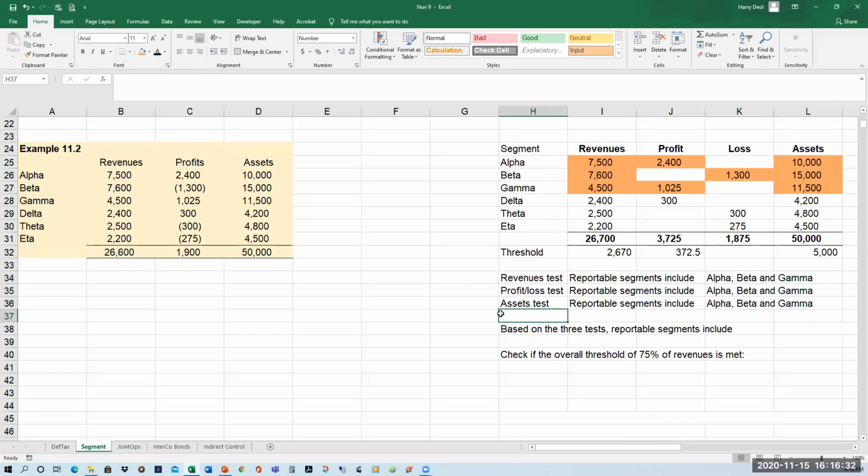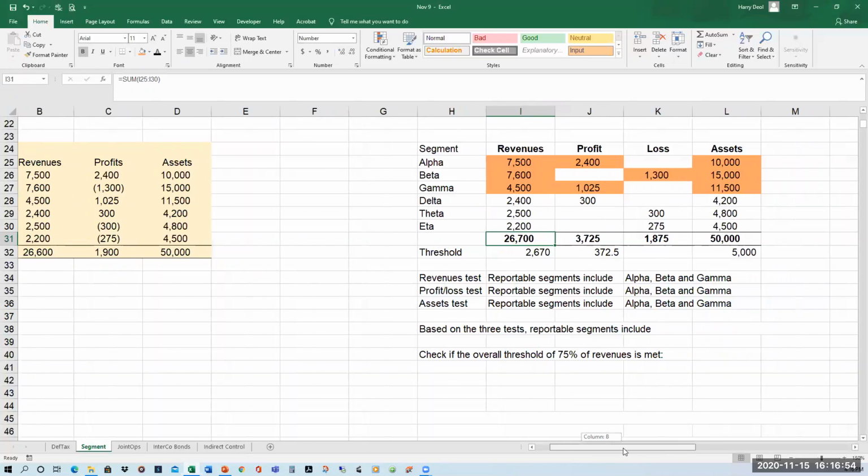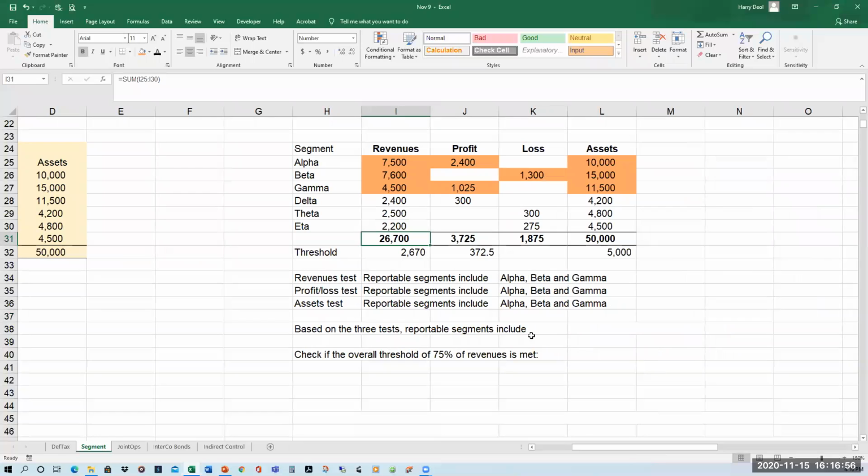Now, keep in mind, there is an overarching paragraph 15 from IFRS 8 that told us that we have to make sure that at least 75% of the combined revenue is separately reported. So we want to check whether that's indeed the case. So based on the 3 tests, the reportable segments are alpha, beta, and gamma.